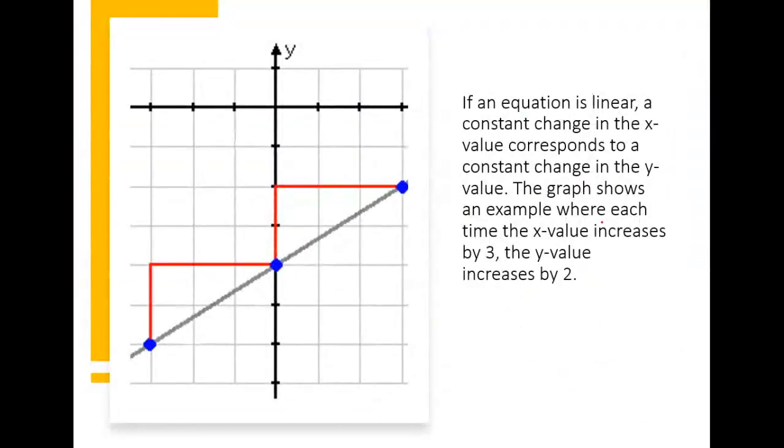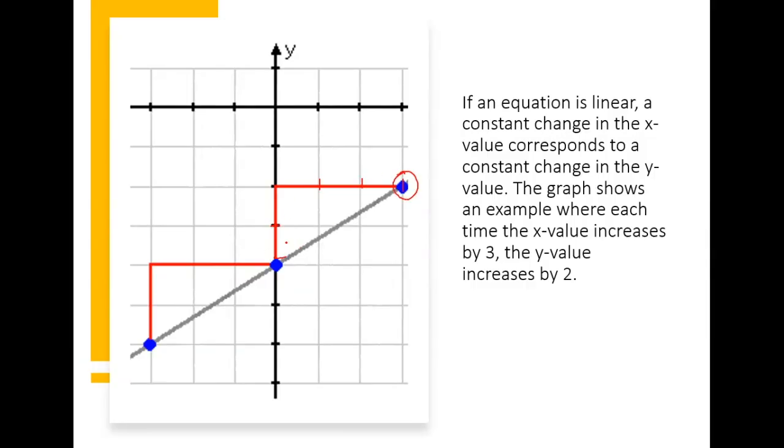If an equation is linear, which is what we've only been looking at so far, a constant change in the x value corresponds to a constant change in the y value. This means, for example, in this example, each time the x value increases by 3, so my x value goes 1, 2, 3, the y value increases by 2, so 1, 2.